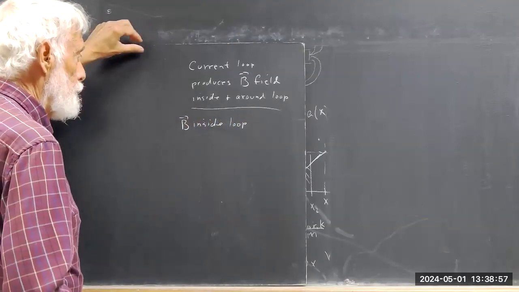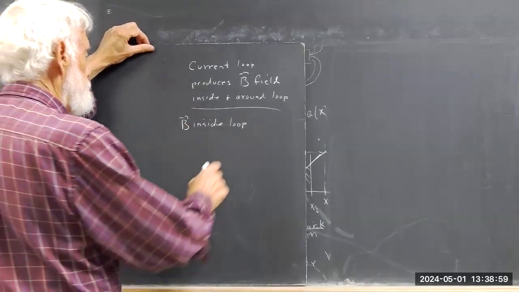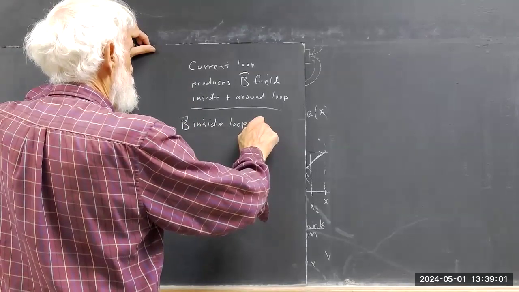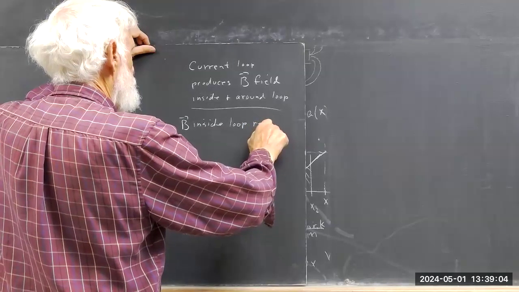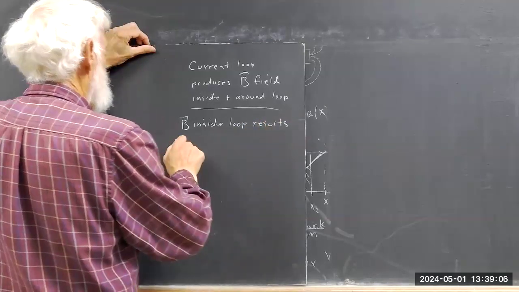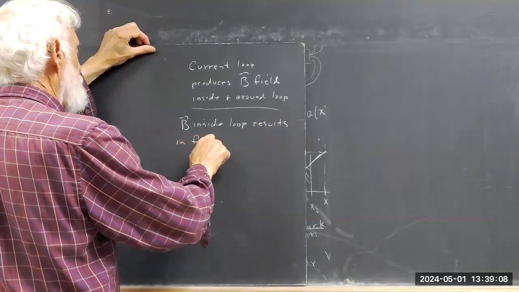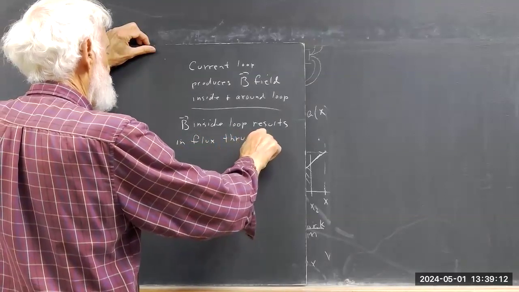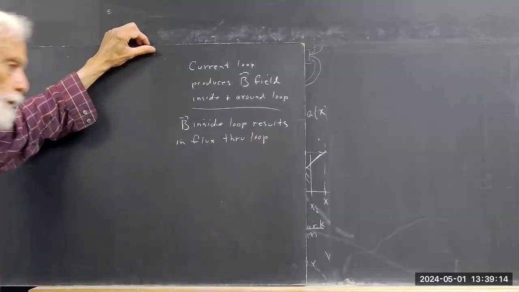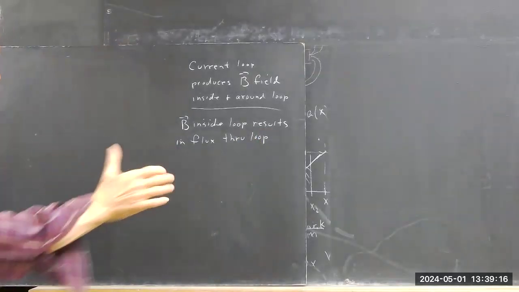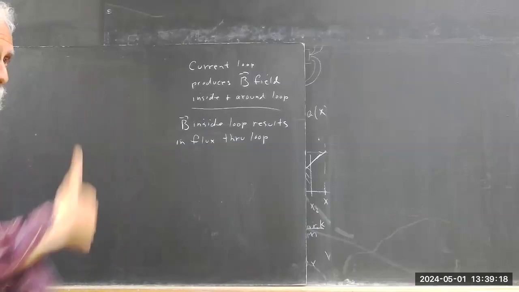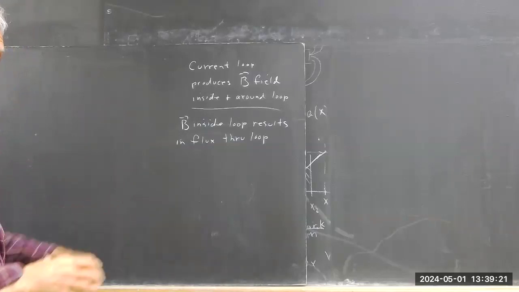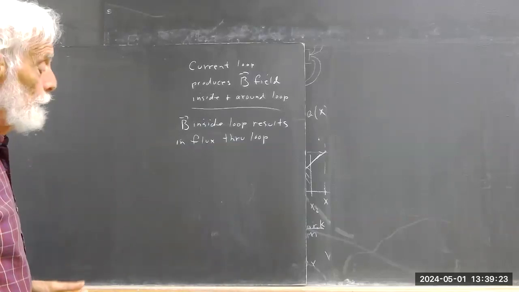Magnetic field inside the loop results in the flux through the loop. Remember, the magnetic field of that loop is going to be perpendicular to the loop, inside the loop. It won't be constant.